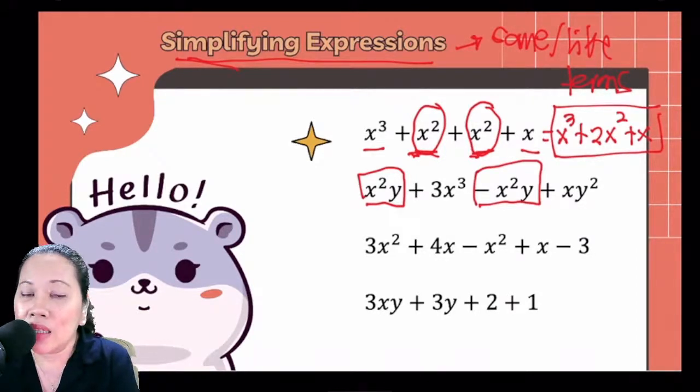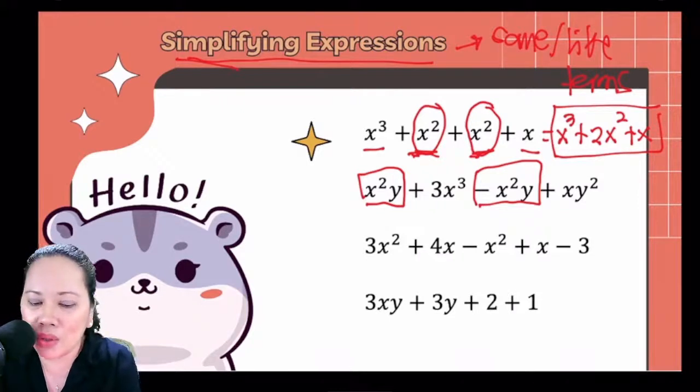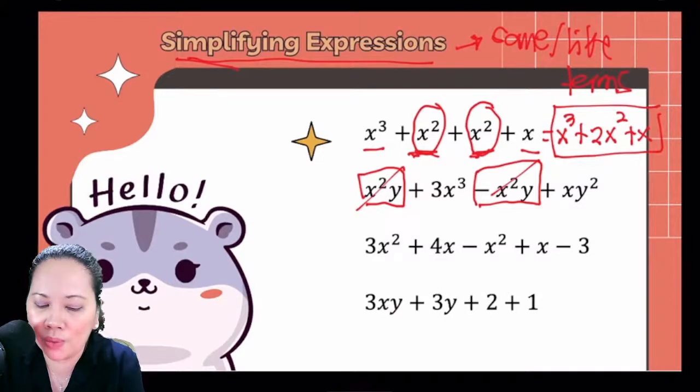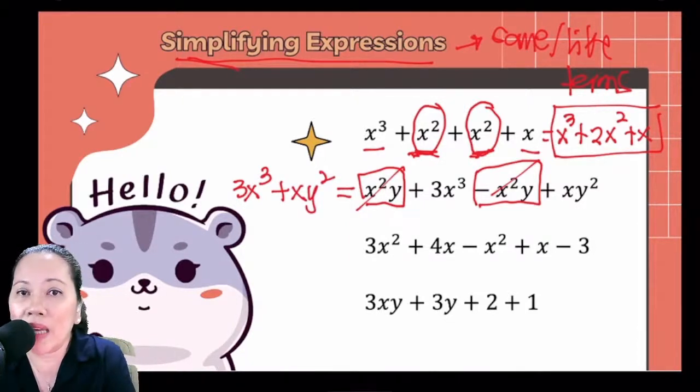However, the terms here are of opposite sign. So that is 1 x squared y minus 1 x squared y. So 1 minus 1 becomes 0, which means it's nothing. Therefore, our final answer here will be 3x cubed plus xy squared.